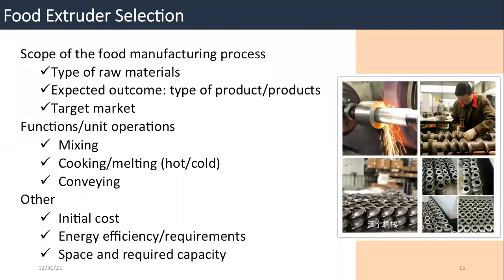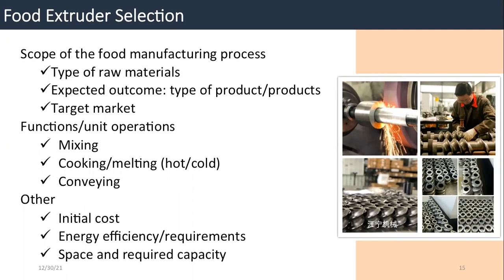Then how to select an extruder? I hope that you have very good knowledge now, right? Now you know what extrusion is, what the operational conditions are, how it works, what die forming is, everything you know, and some calculations, and you can imagine, think and determine the conditions of the extruder.